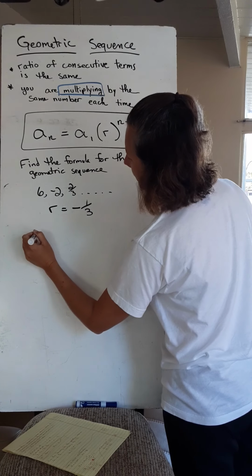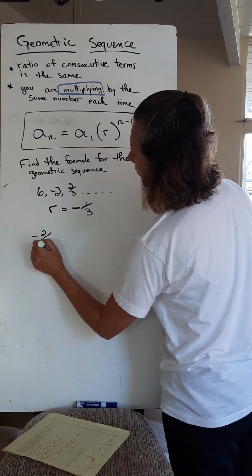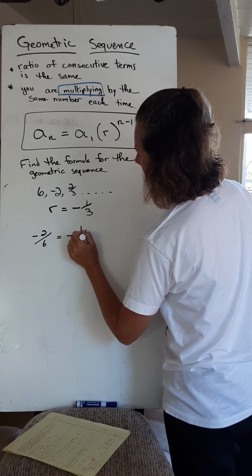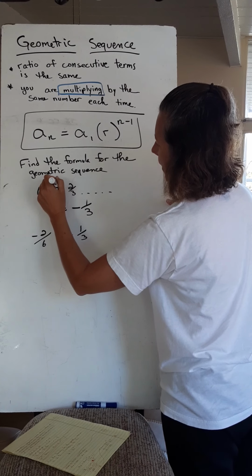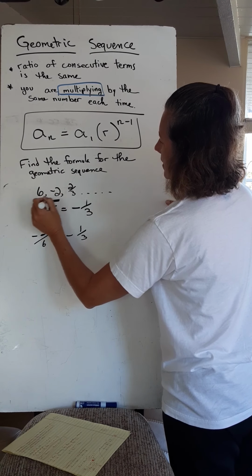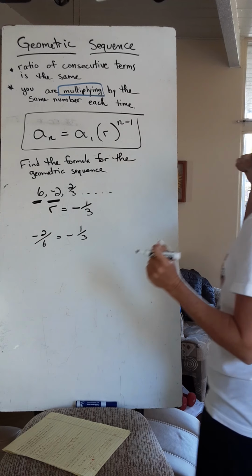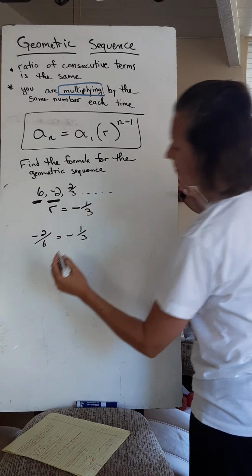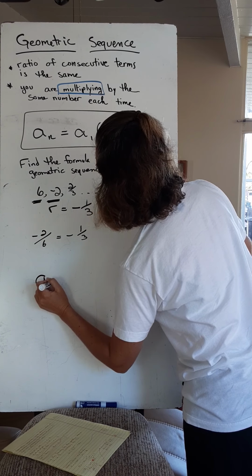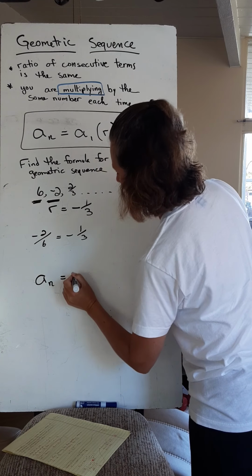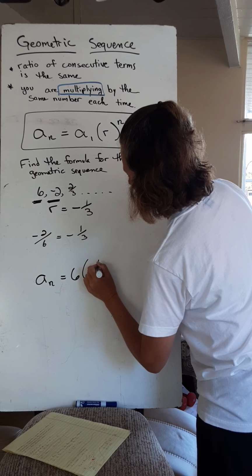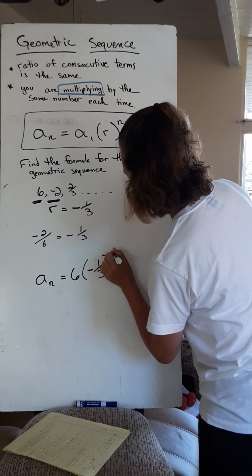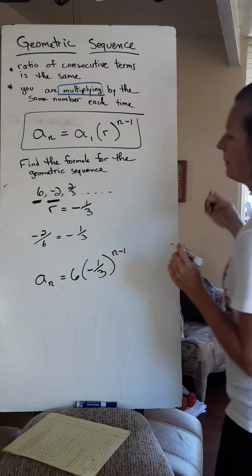If you wanted, you could have done -2/6 to get that -1/3 as well. It's just the second term divided by the first term. So plugging this into the formula, a sub n would equal 6 times -1/3 to the n minus 1.